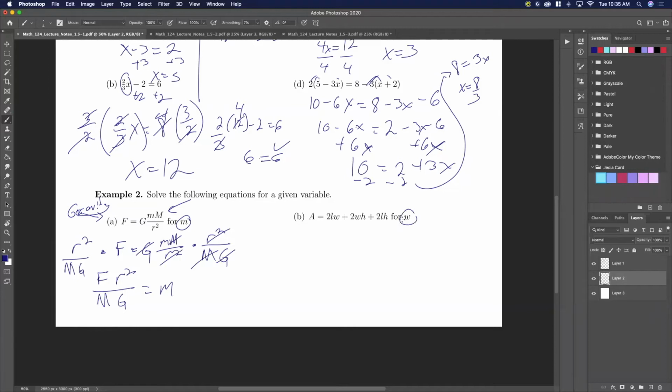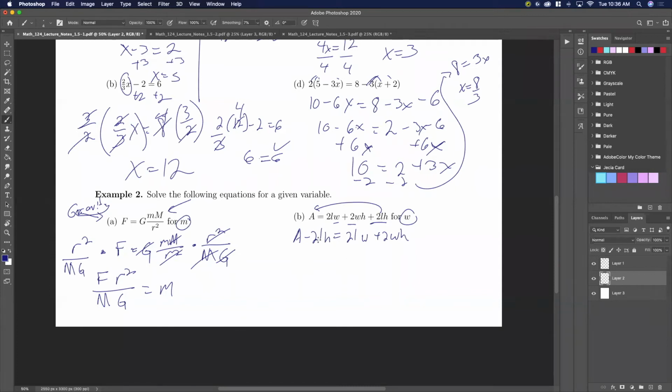If I want to solve this for W, so this is still linear in the sense that this is always nice and clean. This doesn't have a W, so I'm going to move that over. So A minus 2LH is equal to 2LW plus 2WH.